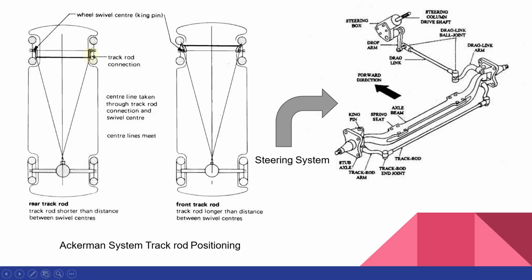These lines will intersect at a point. If this is the arrangement, then you can see that the system is correctly aligned.